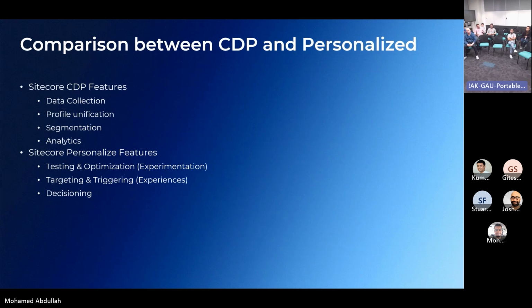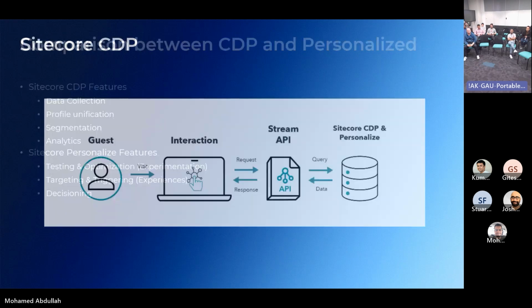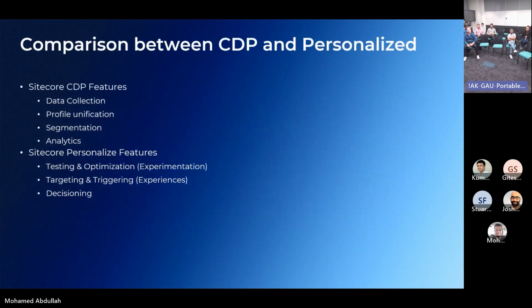We'll go through that in detail. If you bought Personalize, you just get the front end piece of it, which is testing, optimization, targeting, and some decisioning as well. For the sake of this presentation, we will assume we have a product that uses both together, and we won't make that separation anymore. It's just one product, so when I refer to CDP, it's both of them.